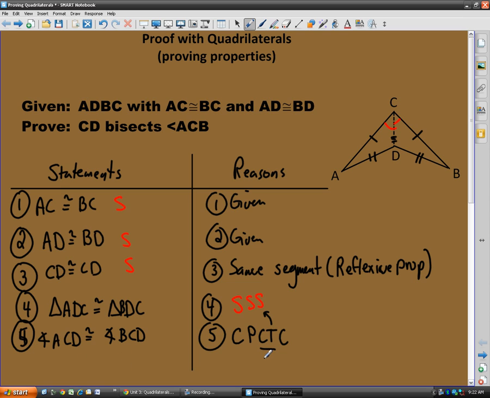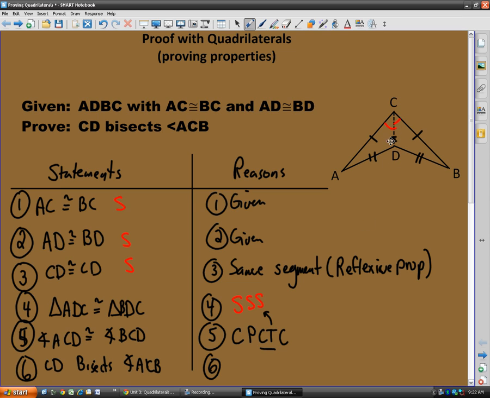And so now that I've shown that these two angles are the same, I can go ahead and say what I wanted to prove originally: that CD bisects angle ACB, because we know that if we get the same angle on both sides, then by the definition of bisector, we've bisected an original angle.